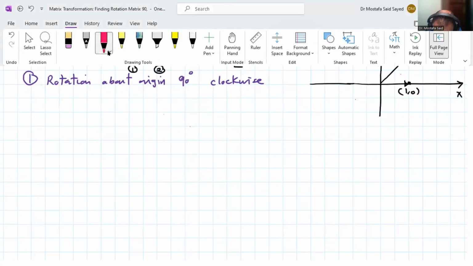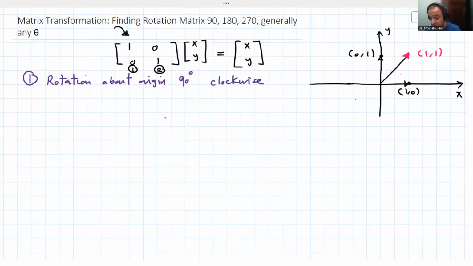So we're going to apply the rotation first on 1, 0 and 0, 1. This rotation will give us the matrix that's going to be multiplied by 1, 1 to make the rotation 90 degrees clockwise. Clockwise means this direction. So we want to rotate 1, 0 by 90 degrees.